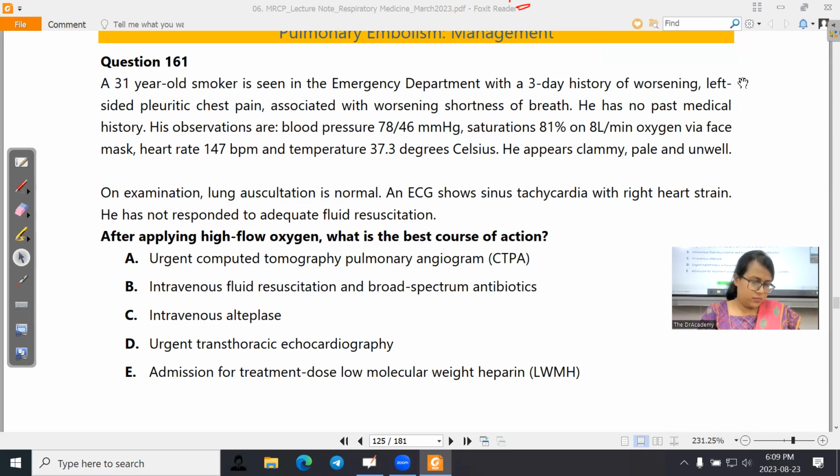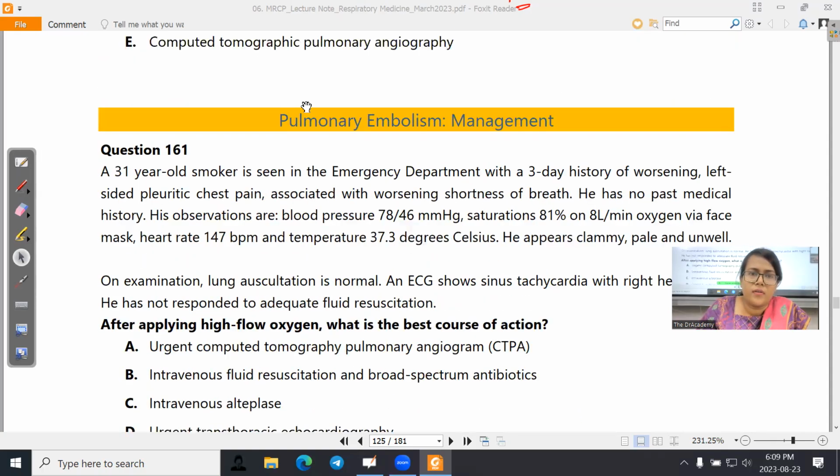Option A, urgent CTPA. Okay. Yes, because you want to establish the diagnosis, right?